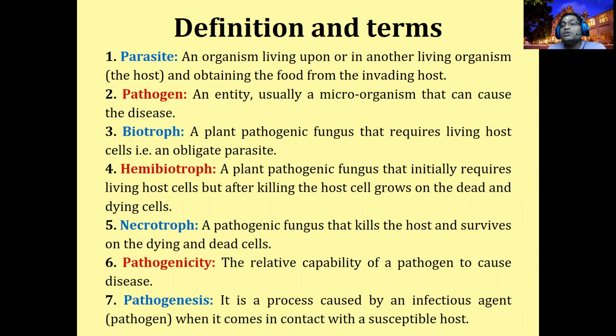That is the process we call pathogenesis: the pathogen starting infection. Pathogenicity is an ability. While pathogenesis is going on, one state is pathogenicity: while recognizing, if the pathogen is overwhelming the host, then it's pathogenicity.